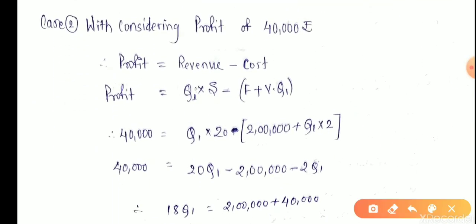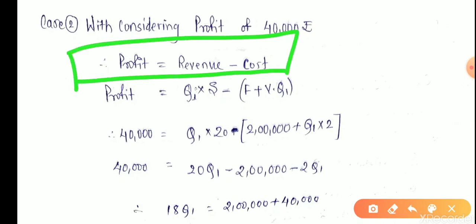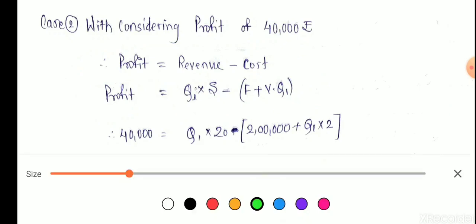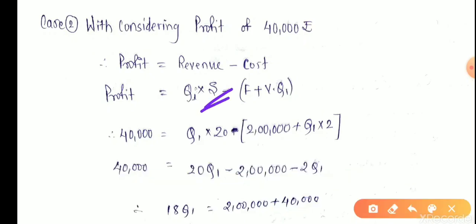Now profit equals revenue minus cost, which you learned in 7th and 8th standard. Revenue means income, cost means outgoings. Income minus outgoings. What is our income? Income is Q into S. Q means how many units you have sold, S means the price of a single unit.